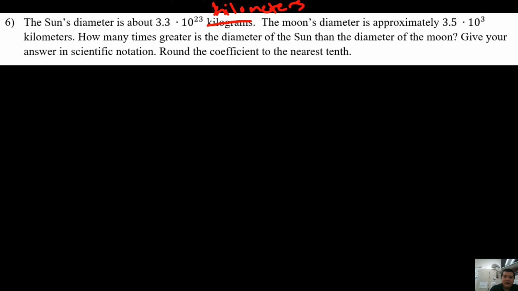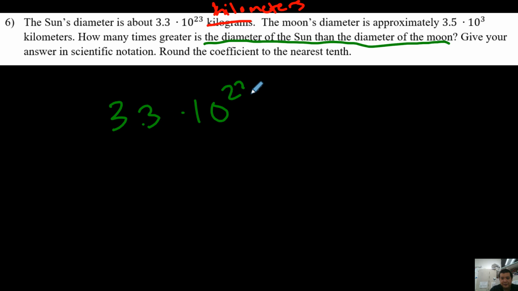So, again, how many times greater is the diameter of the sun? The diameter of the sun is greater, so we're going to put that at the top and do 3.3 times 10 to the 23rd over 3.5 times 10 to the third.